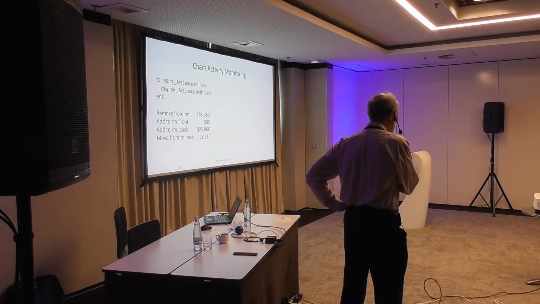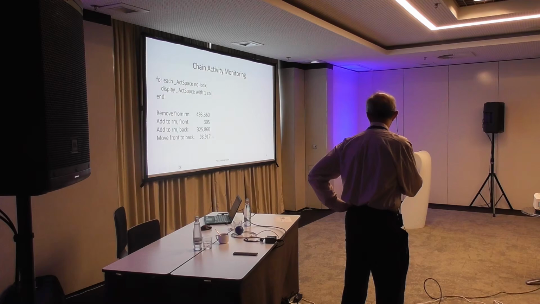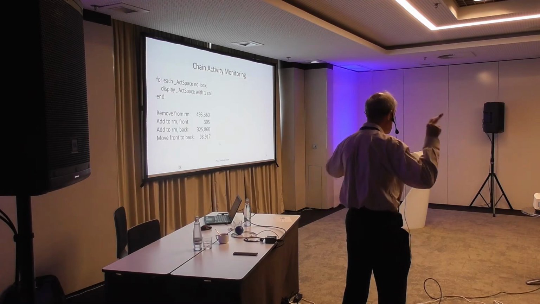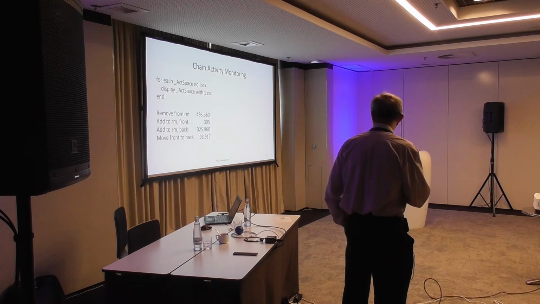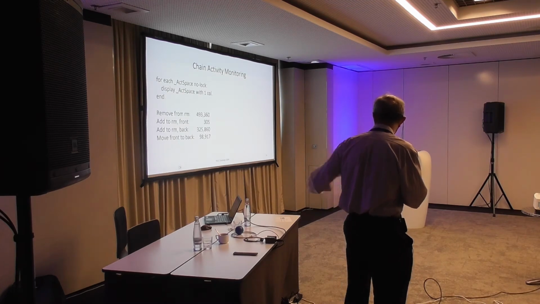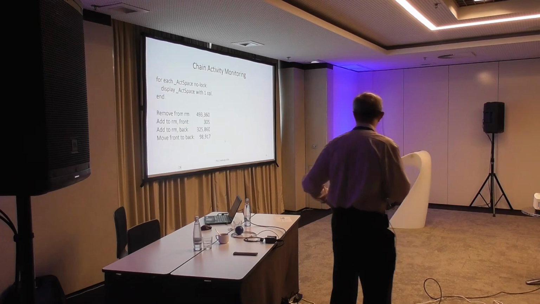So it's just 1 record, and it shows you how many blocks go to the front and how many blocks go to the back, and you can see that almost 1,000 times more blocks go to the back of RM chains, because that's collectively for all RM chains, than to the front. And also how many were removed and moved from front to back. So it's a very good statistic.